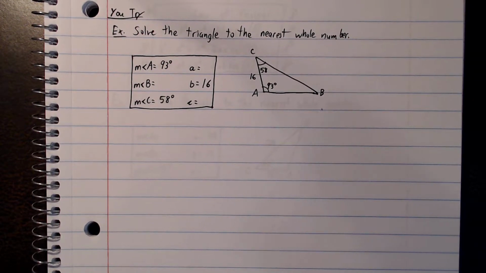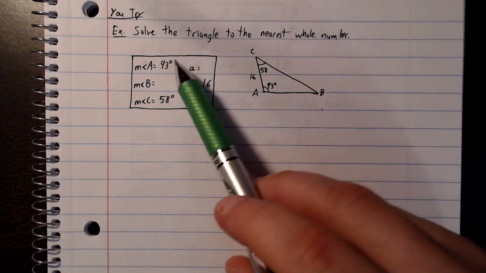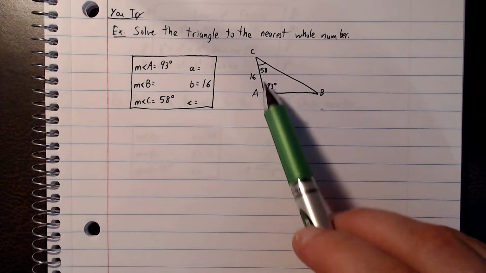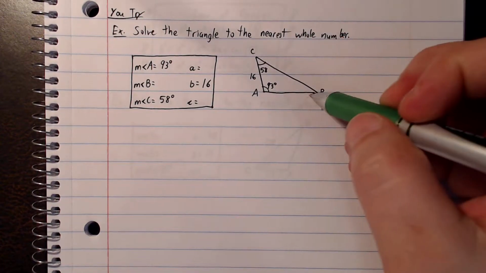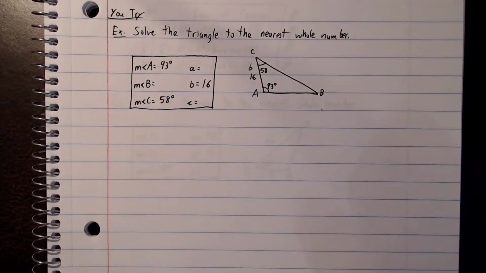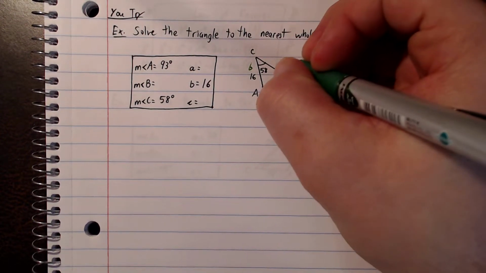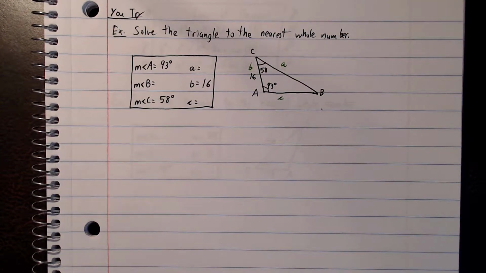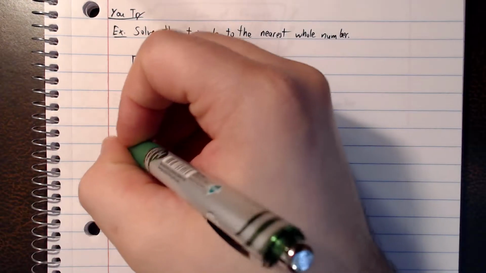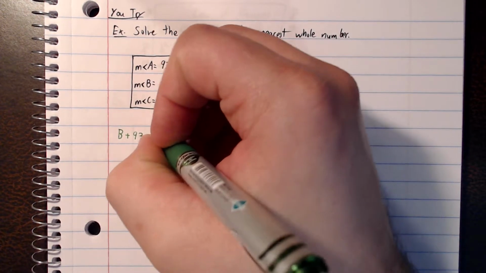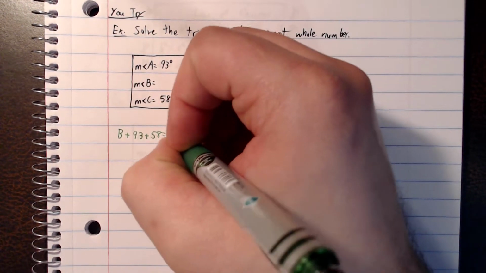Right, they give us some information right off the bat. Angle A is 93, angle C is 58, angle B we're not sure about, but we do know side B is 16, which means that we're trying to find A and C. Alright, we can find angle B pretty quick if we add the two angles that they give us.